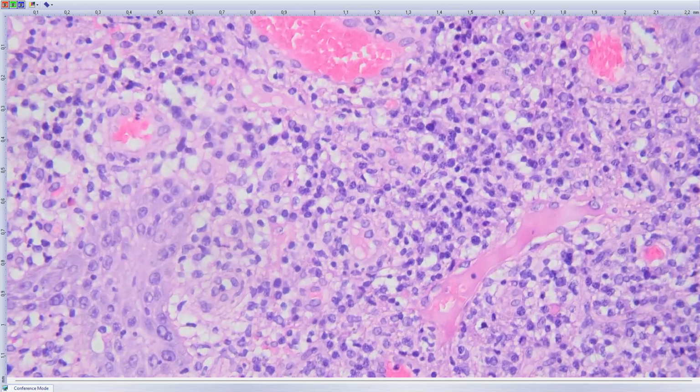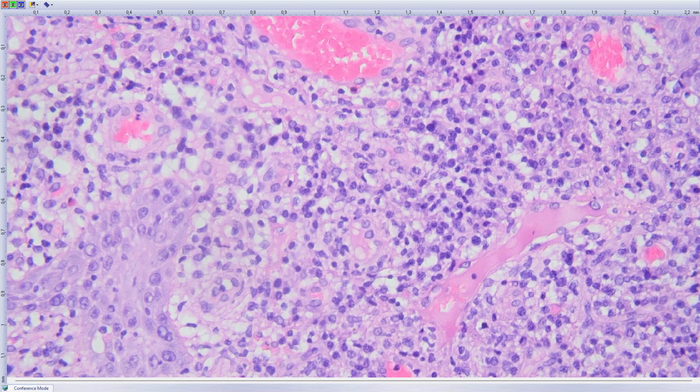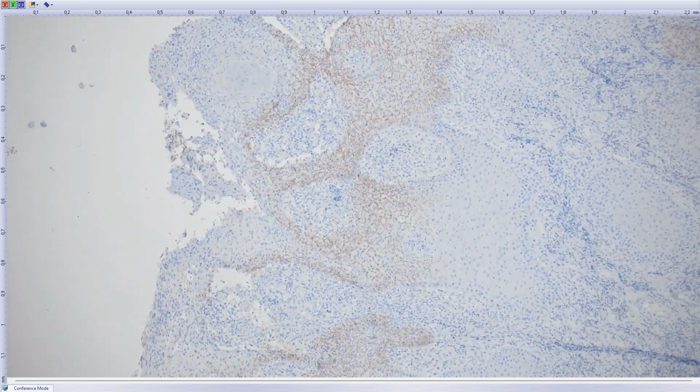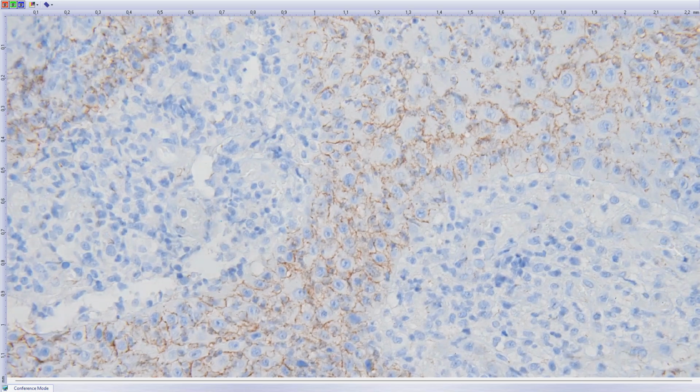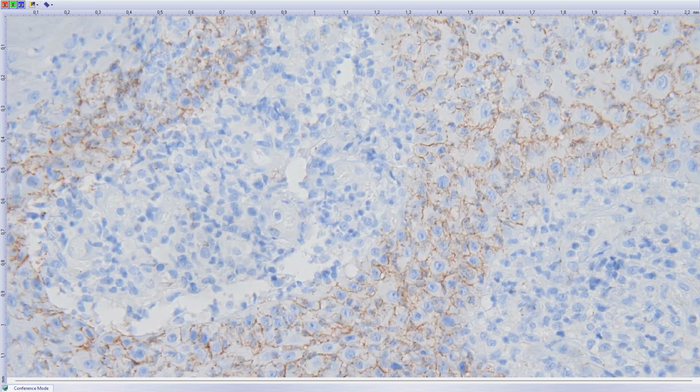Yes, and I already hear from the audience here, we have performed immunohistochemistry. So this is Treponema pallidum IHC, and the molecular studies came back positive as well.